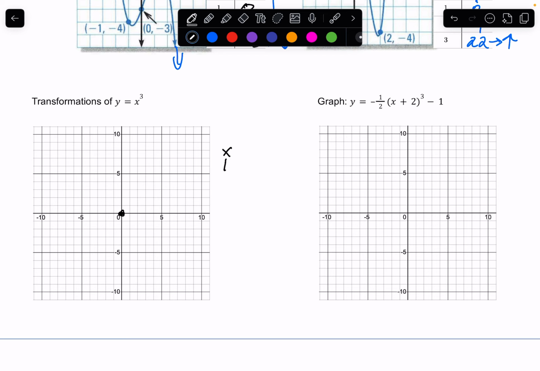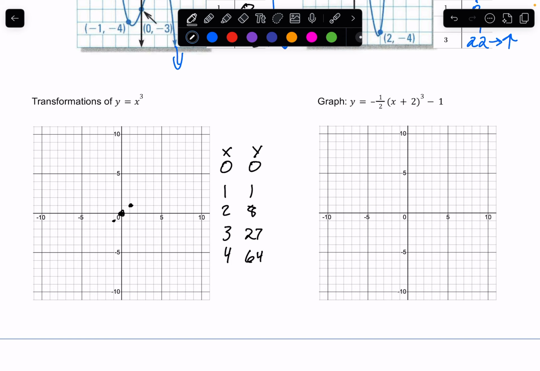So when x is 0, 1, 2, 3, 4, I might consider some of those values. So 0 cubed, my y value would be 0, 1 cubed is 1, 2 cubed is 8, 3 cubed is 27, 4 cubed is 4 times 4 is 16 times 4 is 64. I don't really need to know that one, but that's okay.